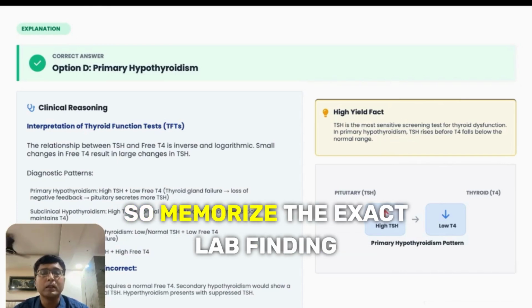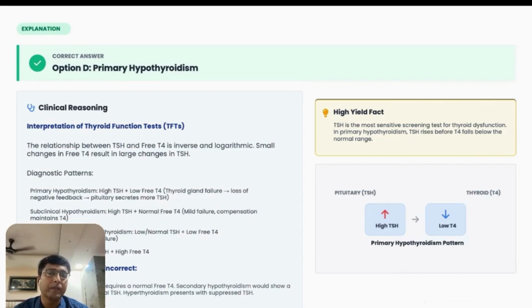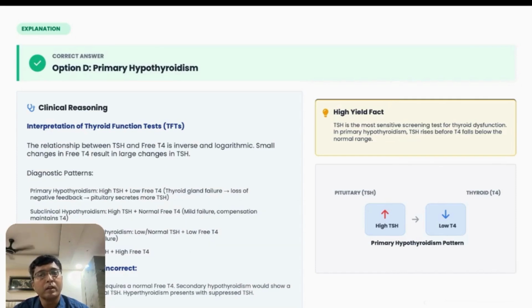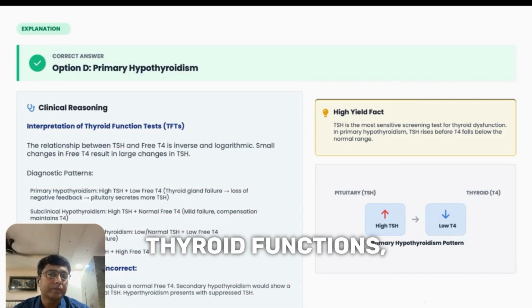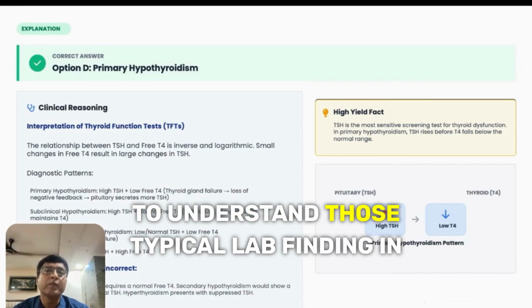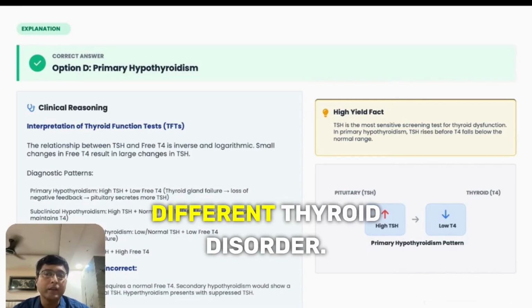So memorize the exact lab findings after proper conception related to the thyroid functions. The conception is necessary to understand those typical lab findings in different thyroid disorders.